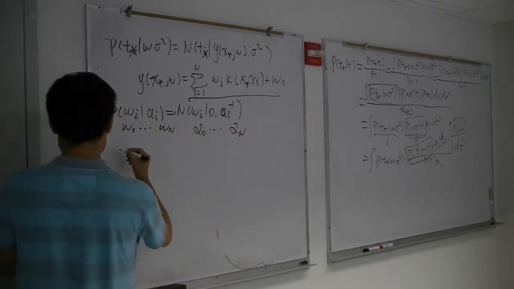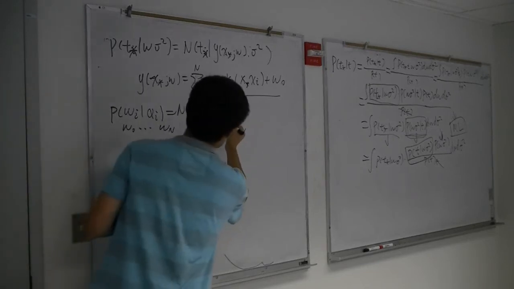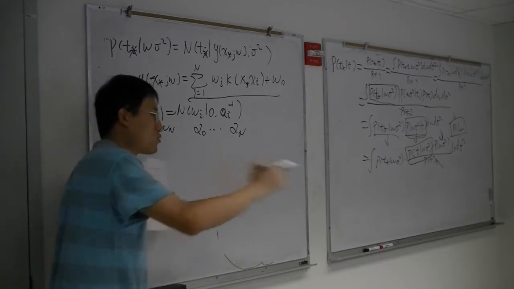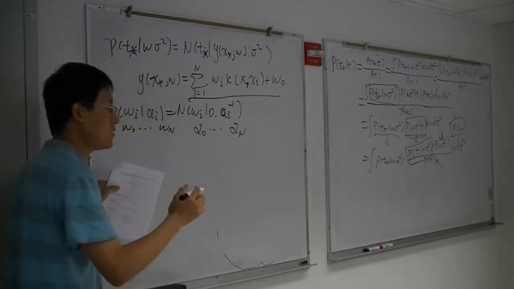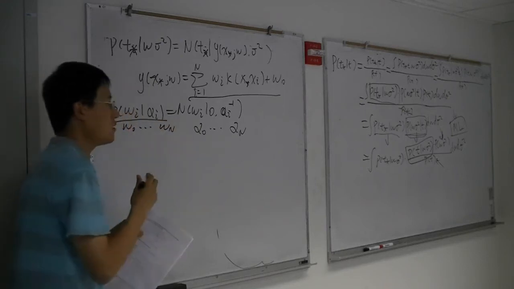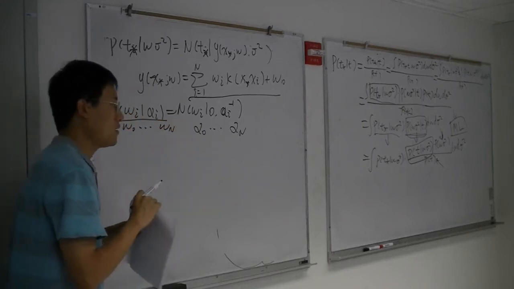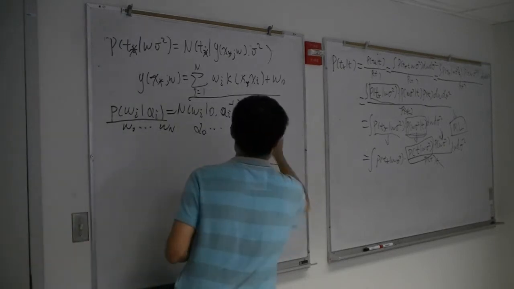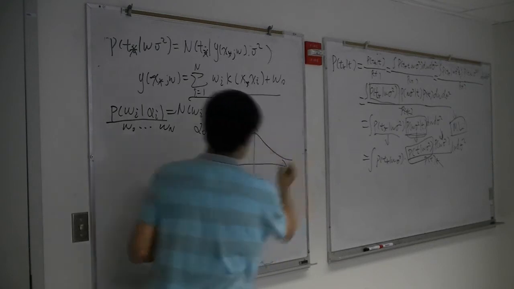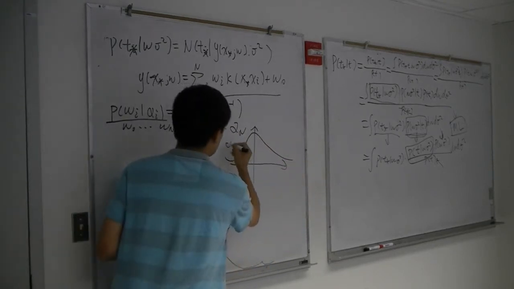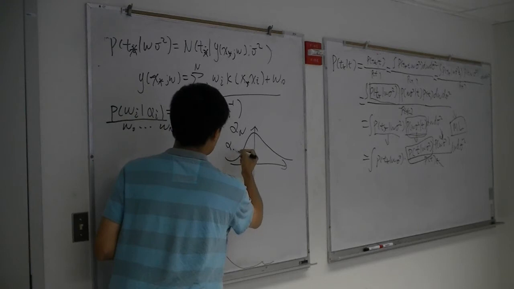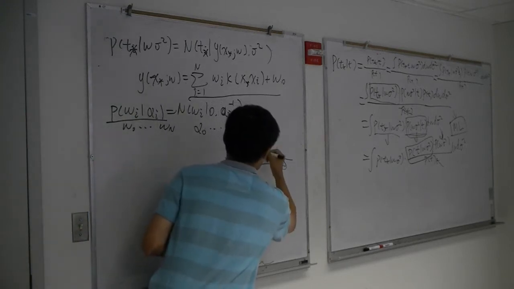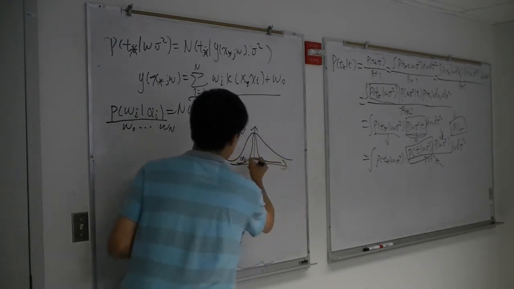So if we set most of the alpha to a very large number, then the probability of omega being 0 is very large. Here is the Gaussian distribution for maybe alpha 1. Here's another distribution for alpha 2.